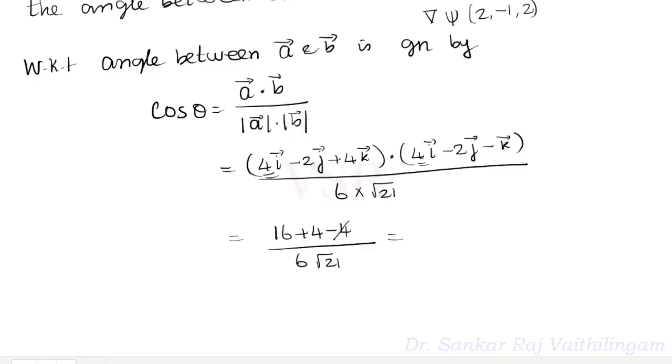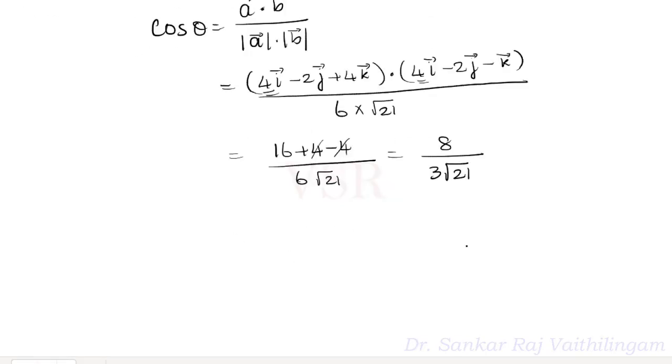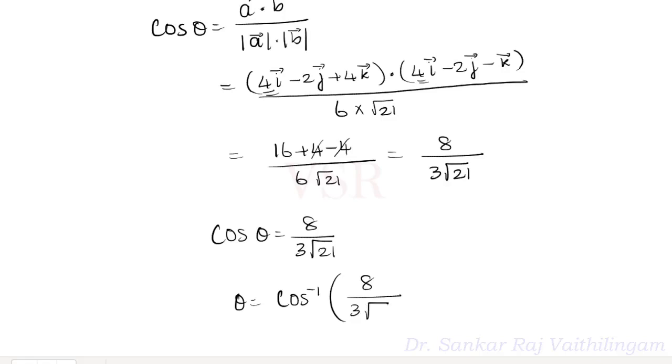These two cancel: 16 and 6, so 8 by 3 into root 21. So cos theta is equal to 8 divided by 3 root 21, so theta is equal to cos inverse of 8 divided by 3 root 21. This is my answer.